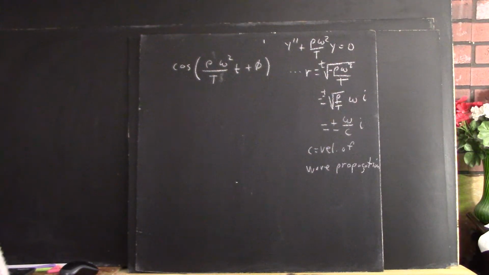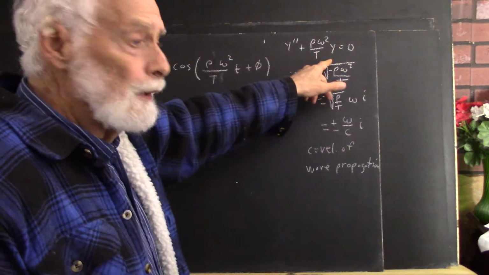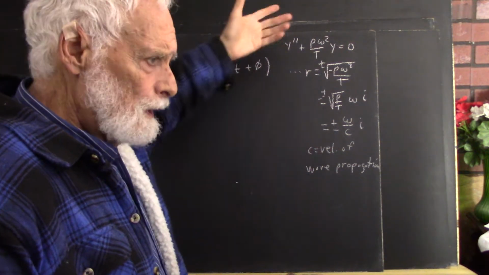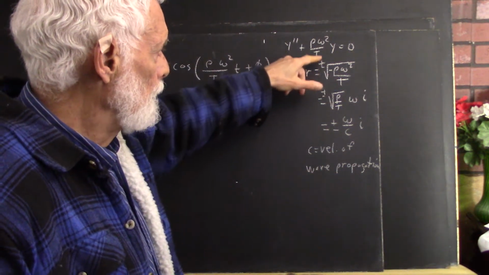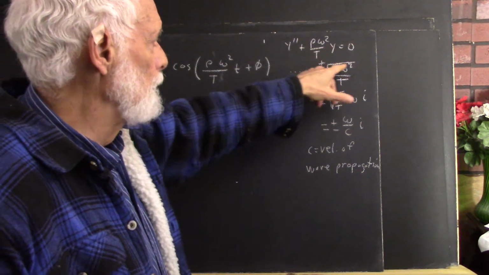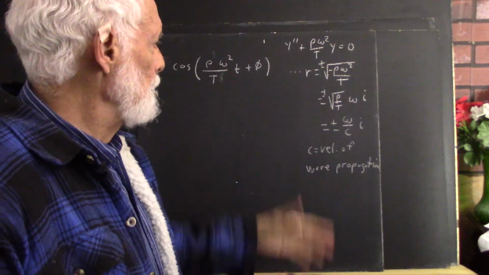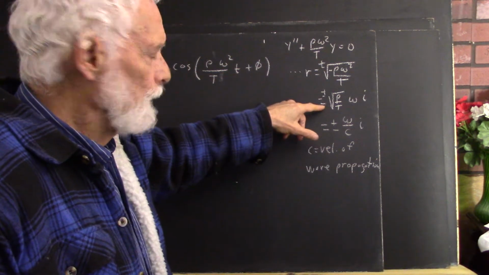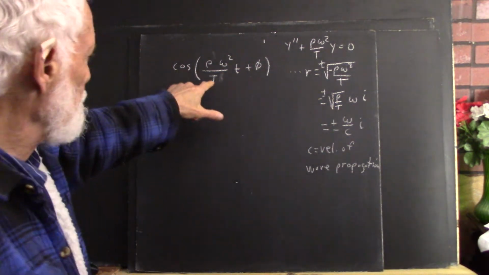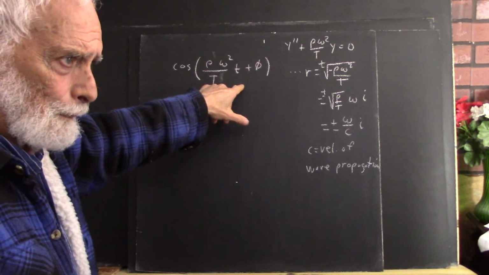Okay, previously we looked at this equation. The characteristic equation clearly has solution R equals plus or minus the square root of negative rho omega squared over big T, which is this. This is what I should have written as the coefficient of T here.